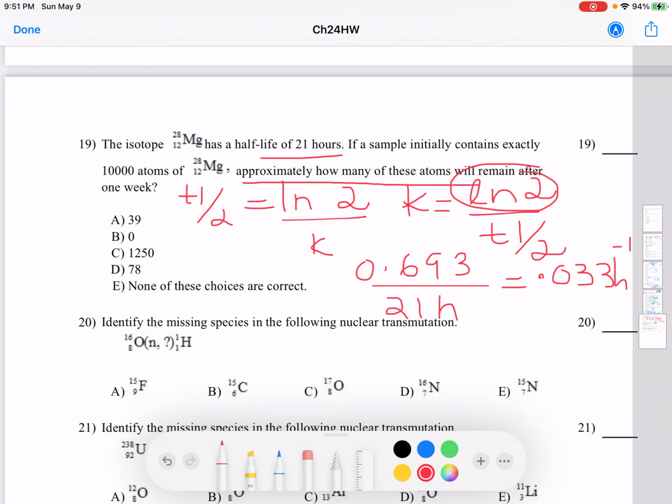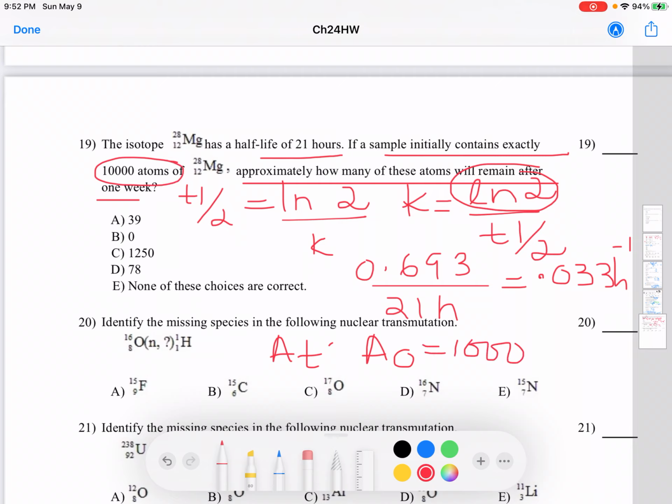With that in mind, we will find out approximately how many of these atoms will remain after 1 week, meaning that you can consider that as at time t, what would be the concentration, and then at the start of the time, what's the concentration. Initially contains exactly 1000 atoms, so A naught is going to be 1000.